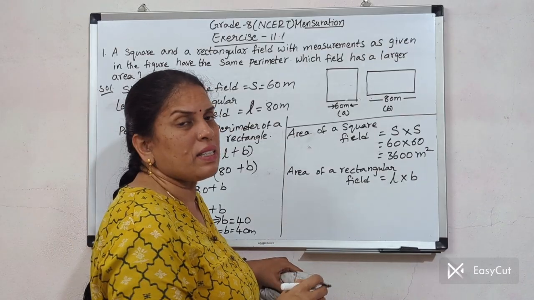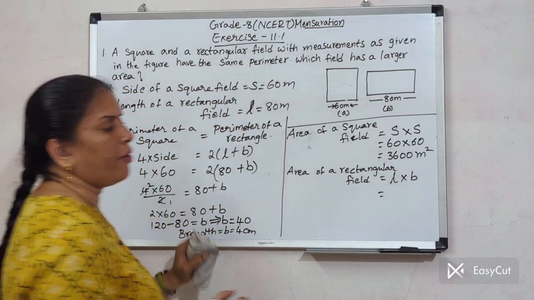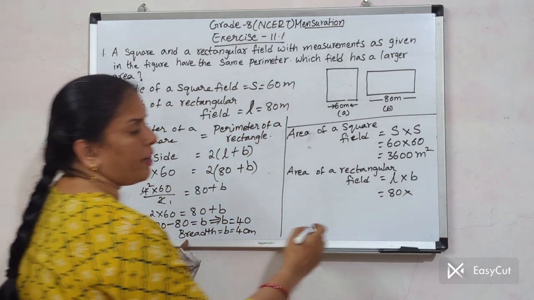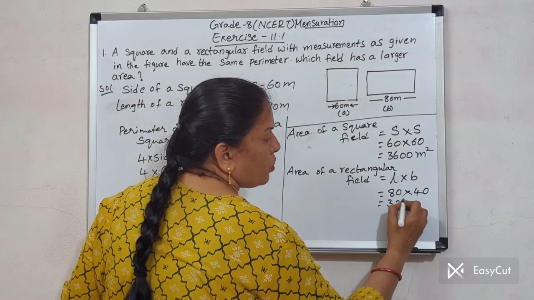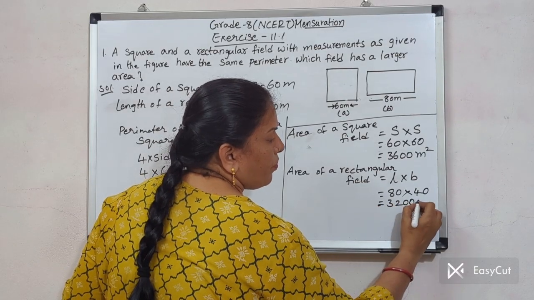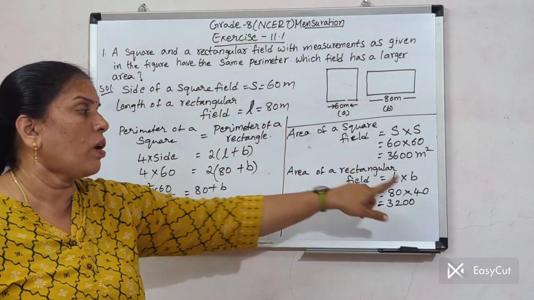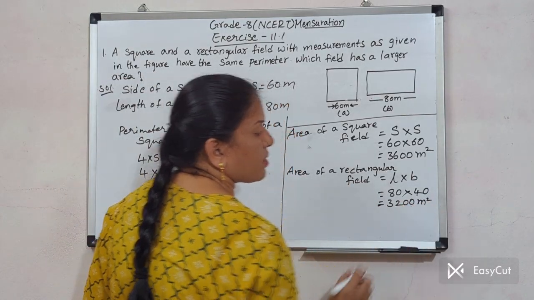Length. B is breadth. What is the length? 80. 80 into, what is the breadth here? 40. 8 4s are 32. 2 zeros are there. These are in meters, so what are the units? Meter square or square meters.